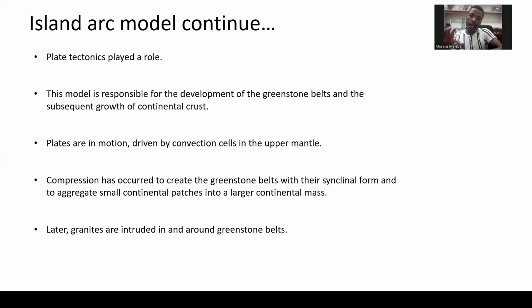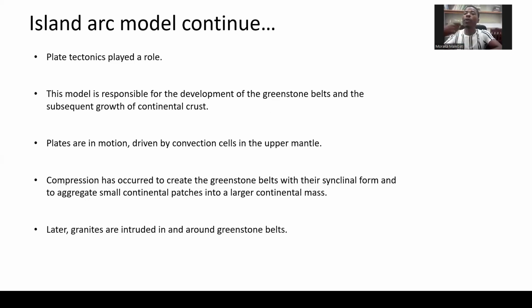Later, the granites intruded the greenstone belts, which is why the greenstone belts occur between the TTGs, or between the granites. And these granites, or these intrusions, were the ones which stabilized the island arcs so that they no longer undergo subduction.